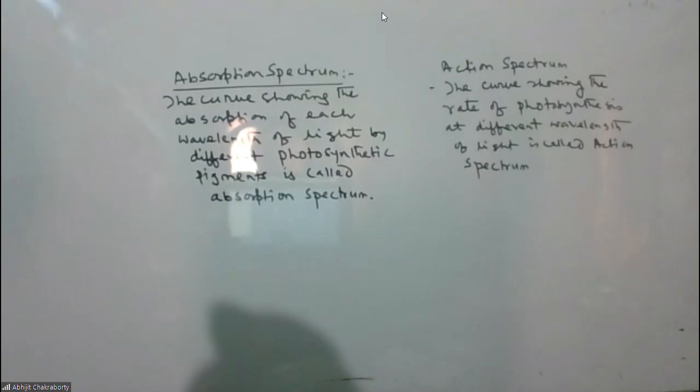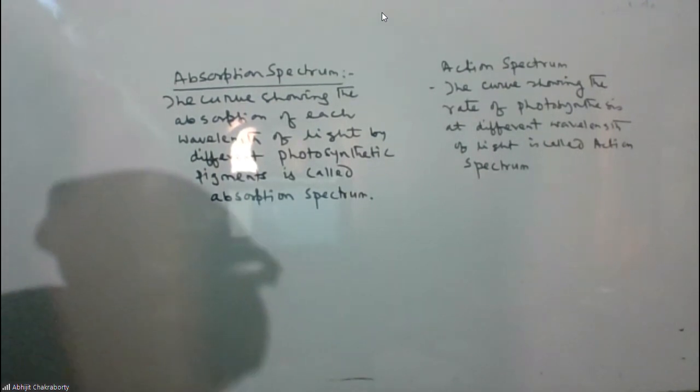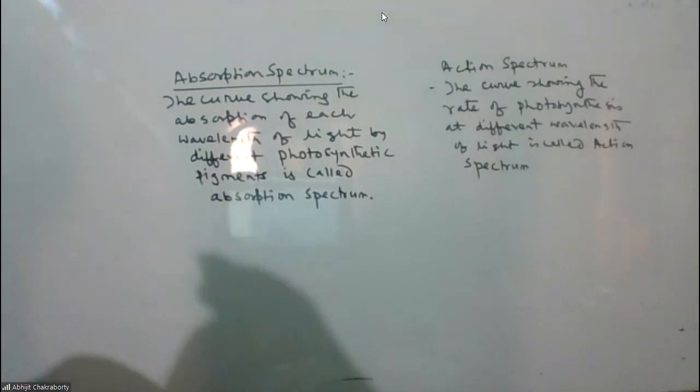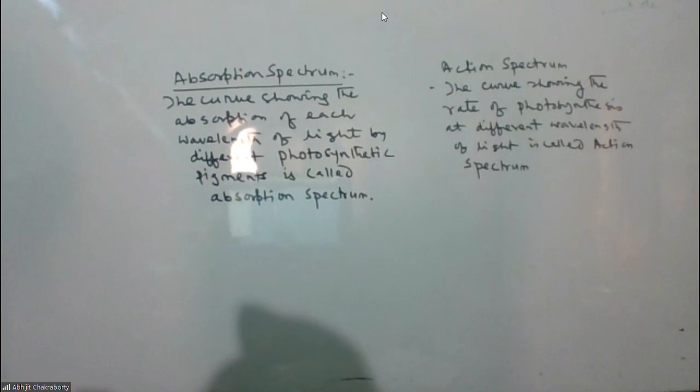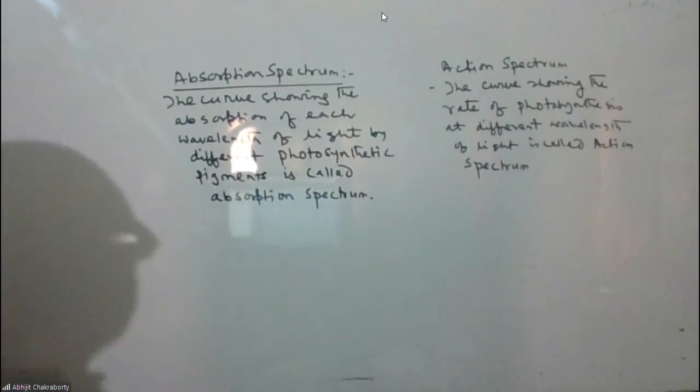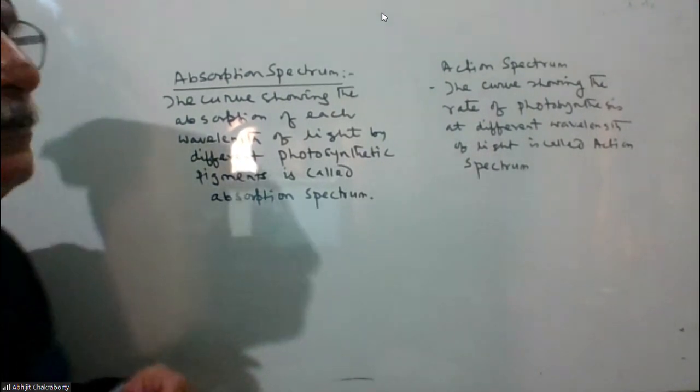Then I am showing you a curve. The action spectrum is the curve showing the rate of photosynthesis at different wavelengths of light. Photosynthesis occurs at different wavelengths of light, and this is the action spectrum that shows the rate of photosynthesis at different wavelengths of light. I am showing you with the help of a curve. Can I rub it out?